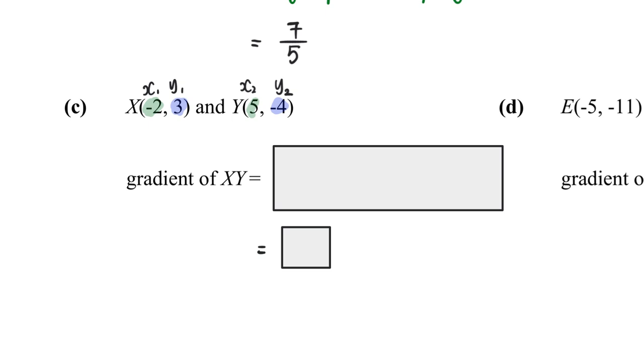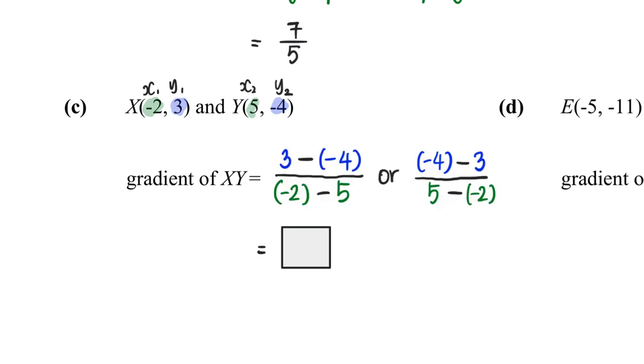Now, for this particular example, because we are dealing with negative coordinates, notice what Mr. Tan just did. Mr. Tan actually put brackets. And that is very important when we deal with negative values. The working is still the same. We just apply that formula and we will get the answer.